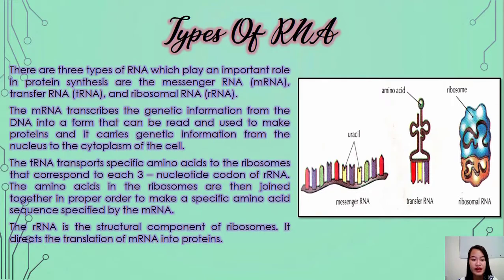Ayan, so ang gagawin naman ni tRNA ay dadalhin niya doon sa specific amino acids papunta doon sa ribosomes. And then after that, yung amino acids in the ribosomes ay sasama na para siya ay makagawa naman ng amino acid. Okay, next, how about the rRNA?